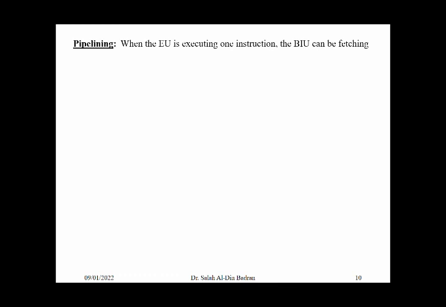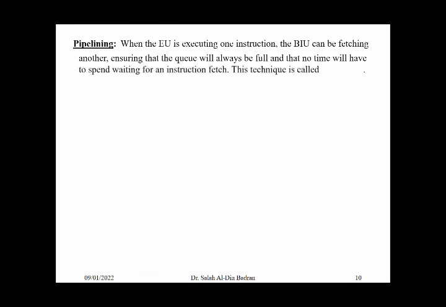Pipelining: while the execution unit is executing one instruction, the BIU can be fetching another, ensuring that the queue will always be full and that no time will be spent waiting for an instruction fetch. This technique is called pipelining.